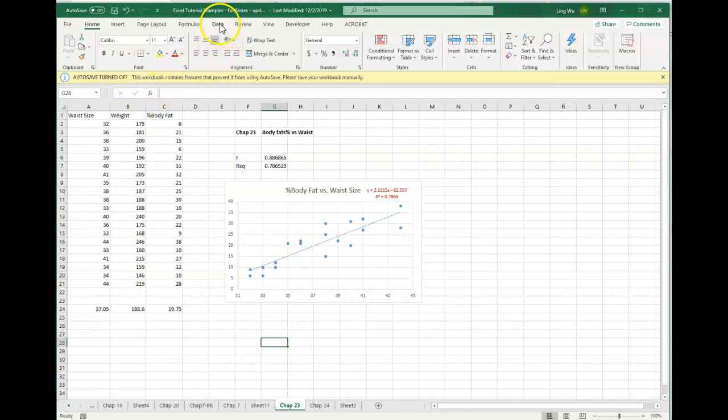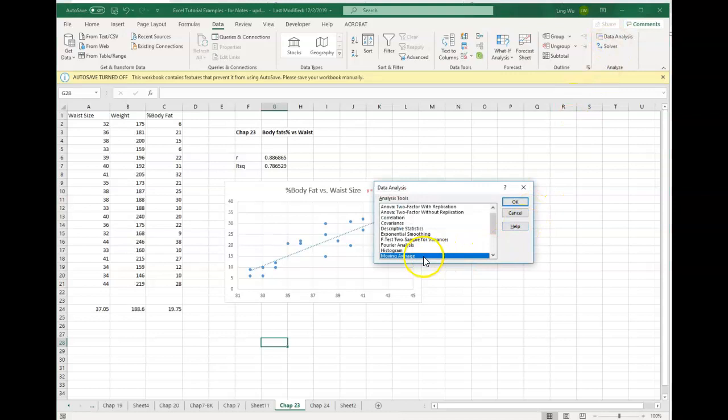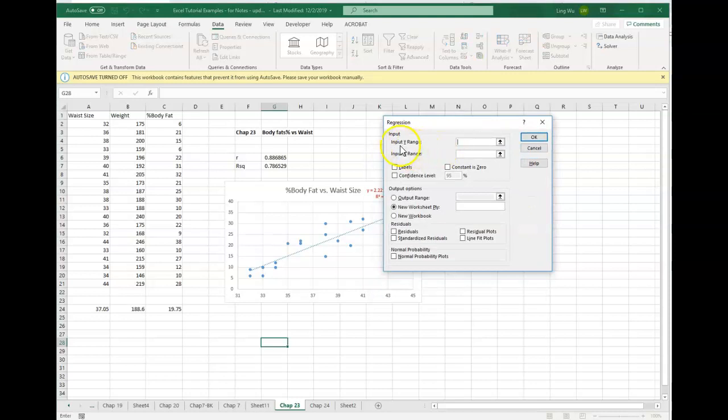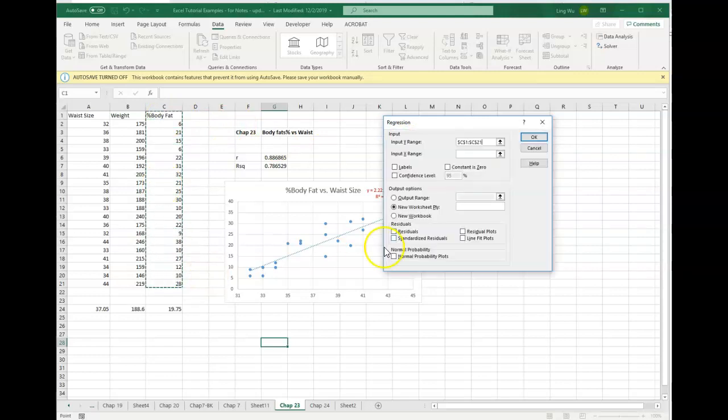tool. So remember we have this data analysis tool. So click data analysis tool. We use regression analysis. So find the regression analysis and then click OK. And in this case, we select input Y range. So that's the Y value, this column, and then go to input X range. So we want to see these two associations.